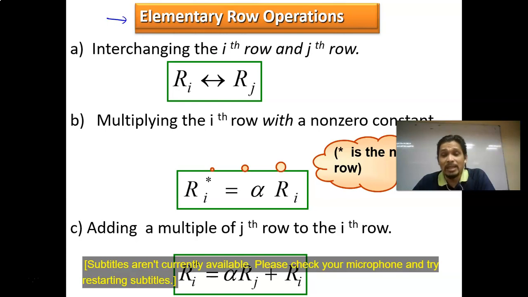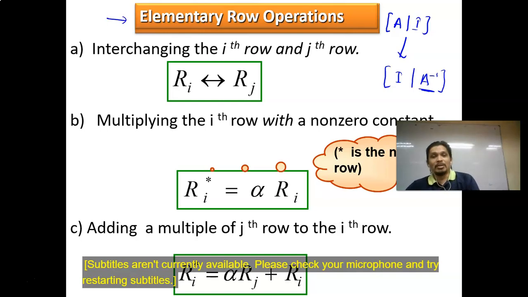But the idea is that we are going to use the instructions as you see here now, and finally the goal is to change the position of I from the right side to the left side, and we're going to get a new matrix on the right side, which is the inverse of the matrix A. So you see these three instructions here, and we'll see how we're going to use them.